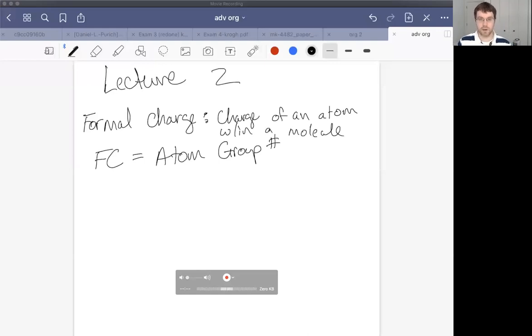So it's the atom group number minus the number of bonds to that atom minus the number of unshared electrons.